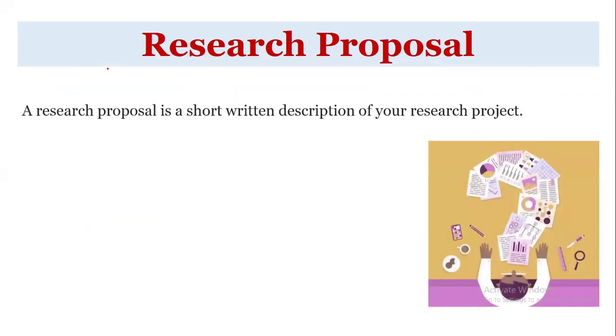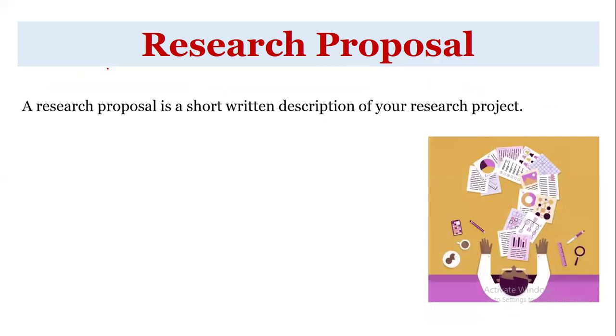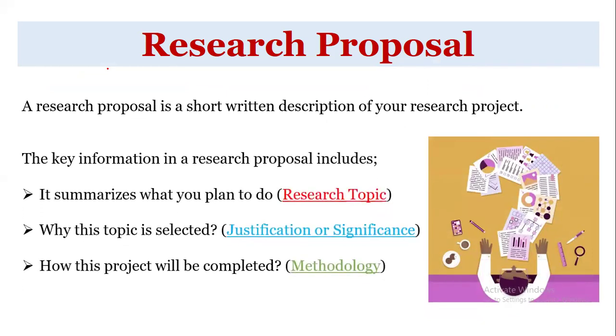So if I talk about a research proposal, it is a short description of your research project, and the main information we include in a research proposal is the research topic. We describe the justification or significance of the topic or the research we are planning to conduct.